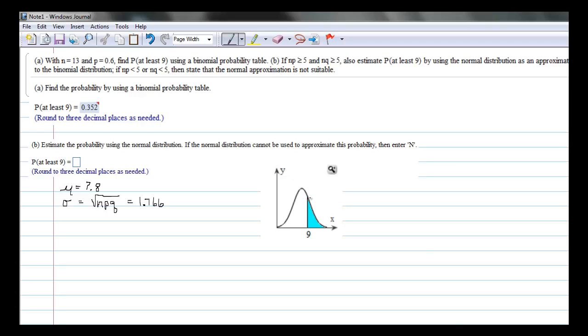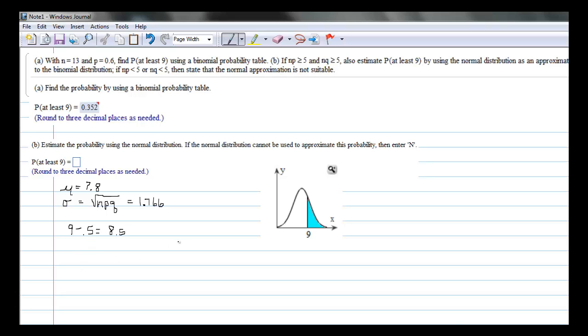We will subtract 0.5 from the 9 so that we are sure that we're not going to omit any of the, well, it's an error correction. So 9 minus 0.5, we're going to use 8.5.